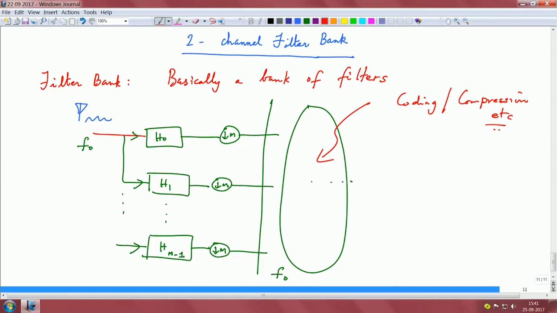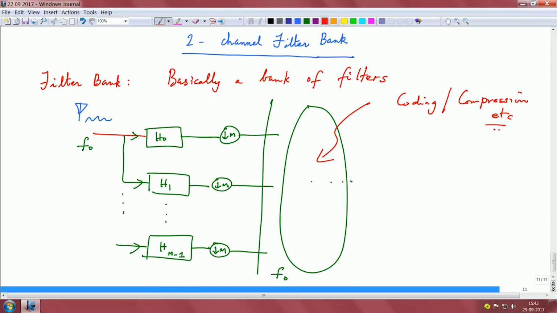For example, I may have maximum energy in the low pass subband, and very little energy in the high pass band. Then I may have to decide how much compression I want to give, how I want to code, where the dominant energy is, and so on. So this is from the perspective that you want to do efficient transmission at the channel level, that you want to build these filters at the analysis stage.